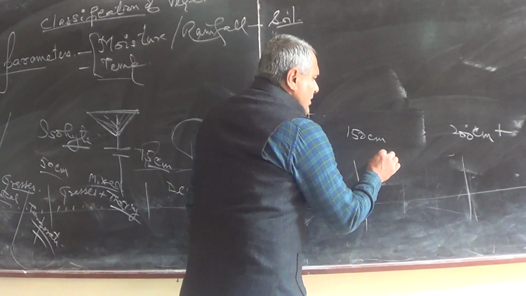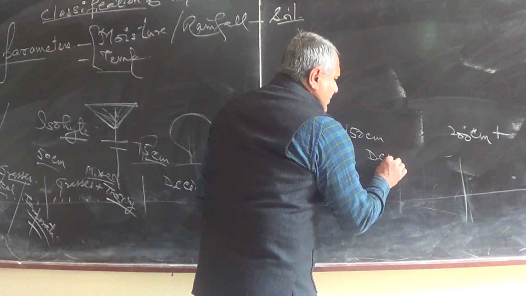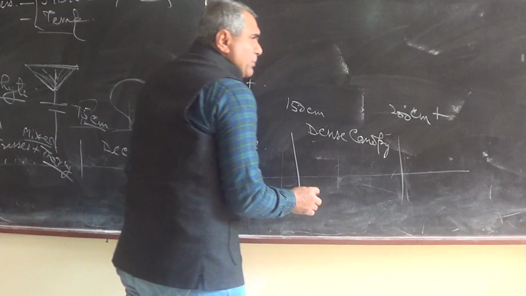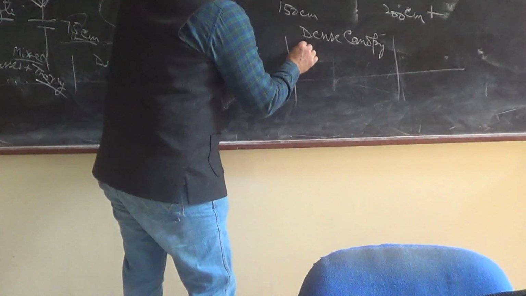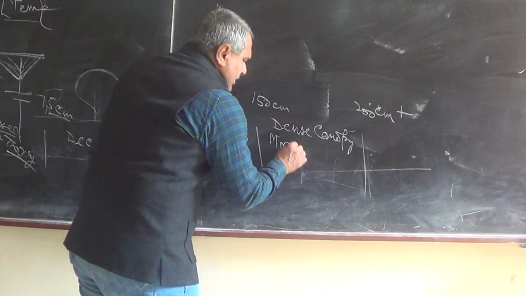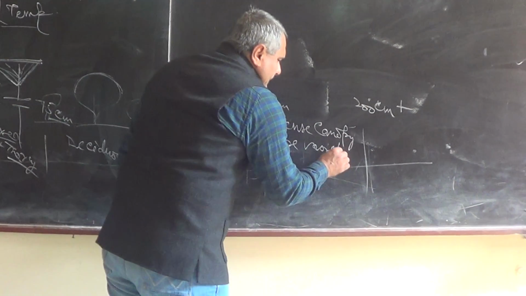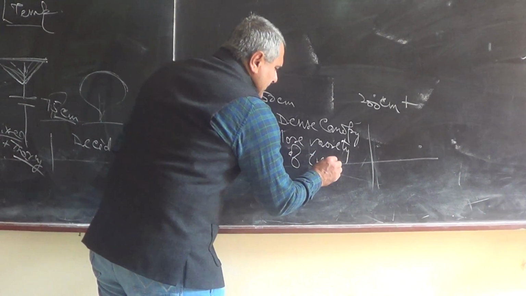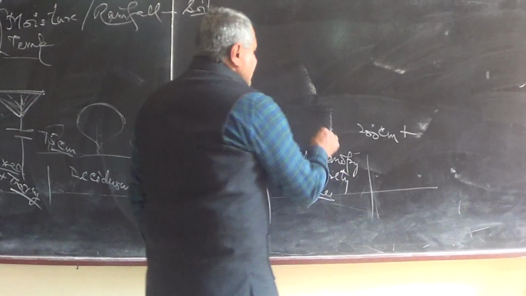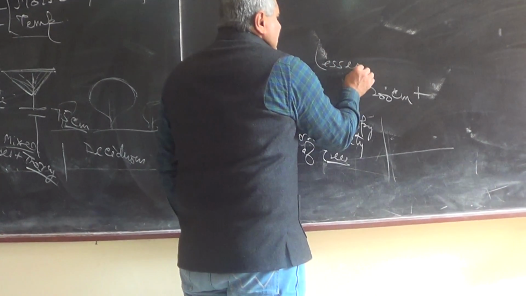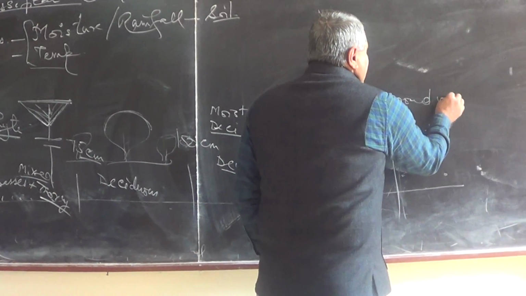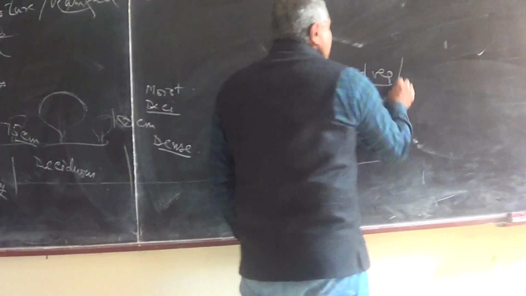Here dense canopy cover, dense canopy with evergreen, more variety of tree species, and lesser ground vegetation. Ground vegetation means grasses.